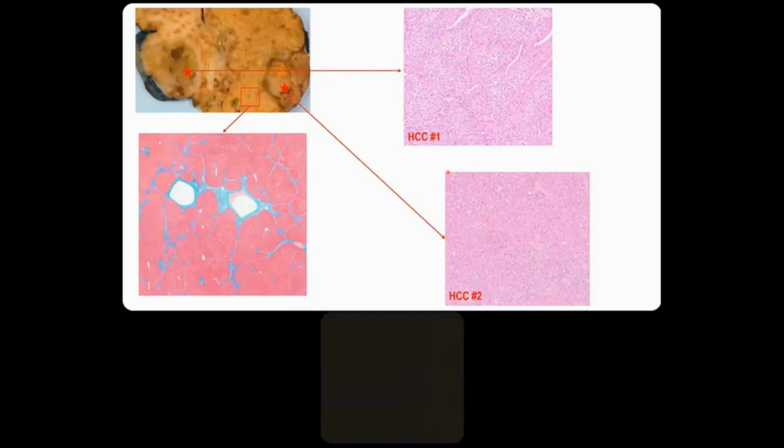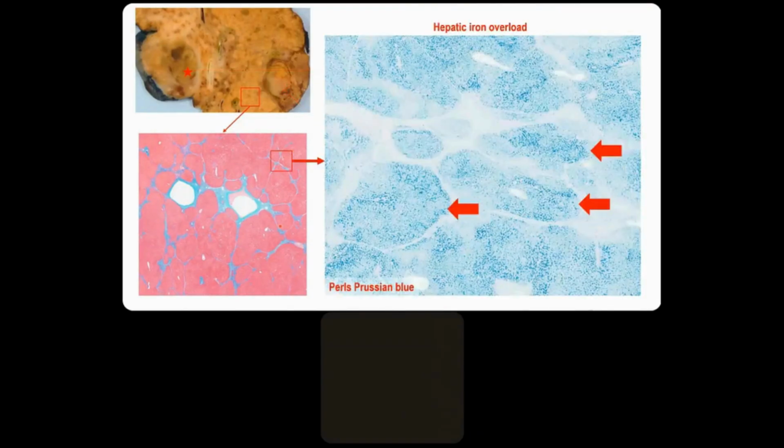Here's another case of a cirrhotic liver with multifocal HCC. You can see the microscopic images of the distinct HCC foci here on the right-hand side. Again, this is the trichrome stain of the background liver showing the bridging fibrosis with distorted nodular architecture.